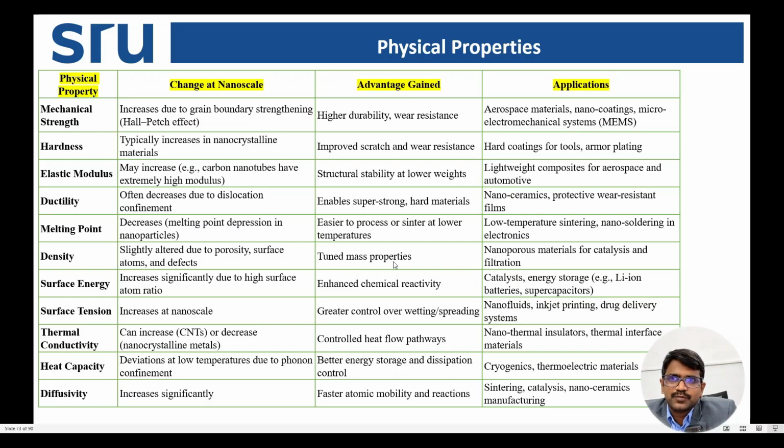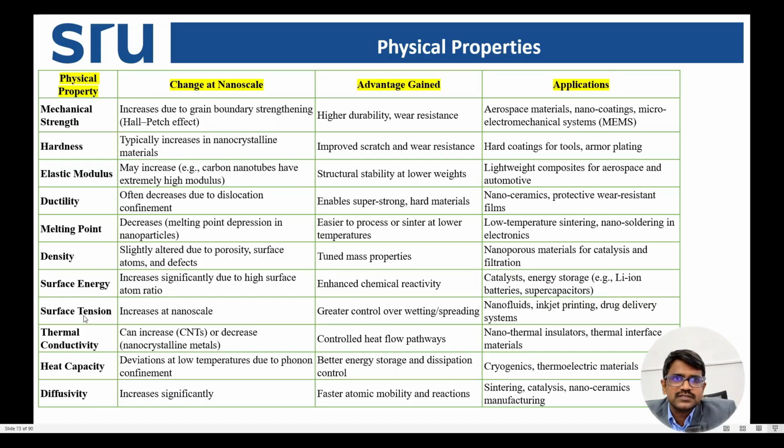So we get tuned mass properties within a particular volume. Because of this porous structure, we can change the mass loading. This is very useful in nanoporous materials for catalysis applications and also in filtration applications.